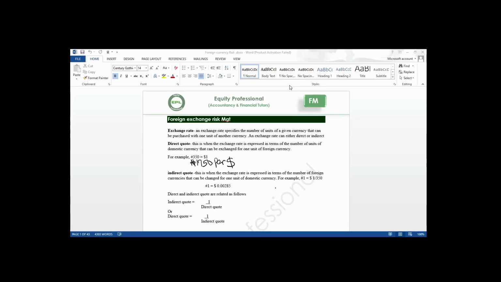Indirect quotation. This is when exchange rate is stated in terms of the number of units of local currency that can buy 1 unit of foreign currency.